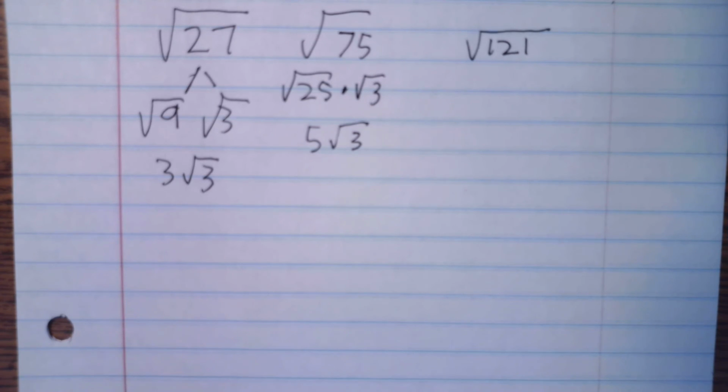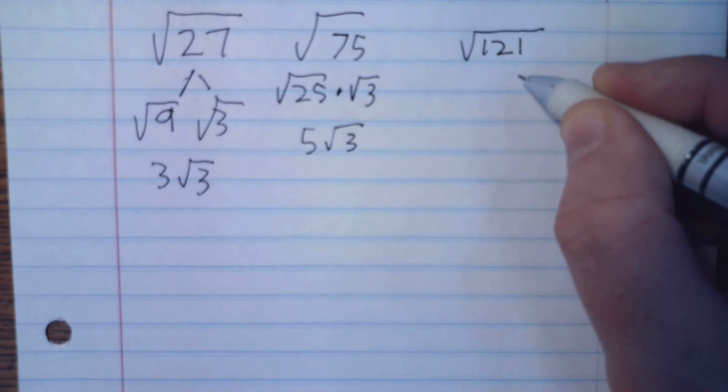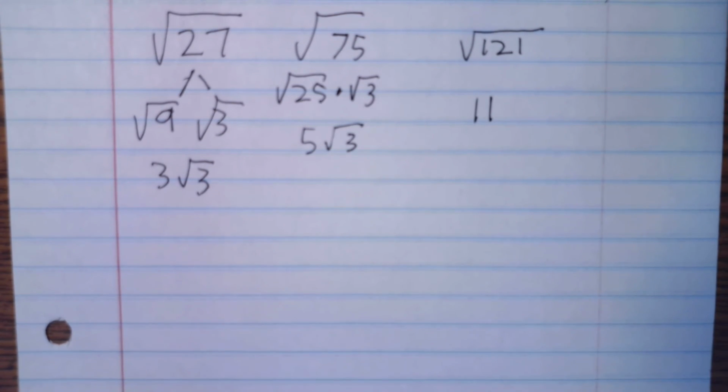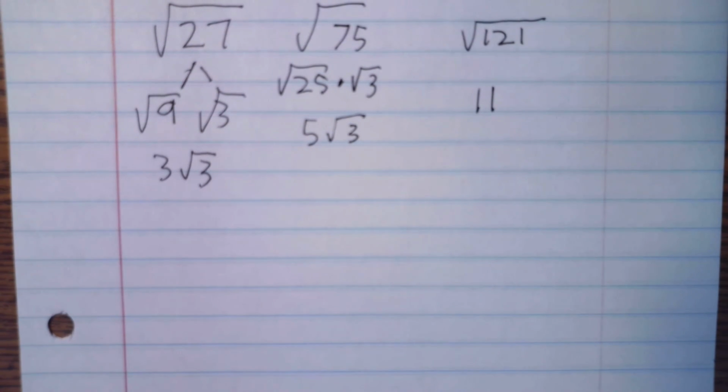What's the answer? This is a perfect square, right? So it's just 11. It's on my list. Okay? So that's what we're getting into. I'm going to shut this off.